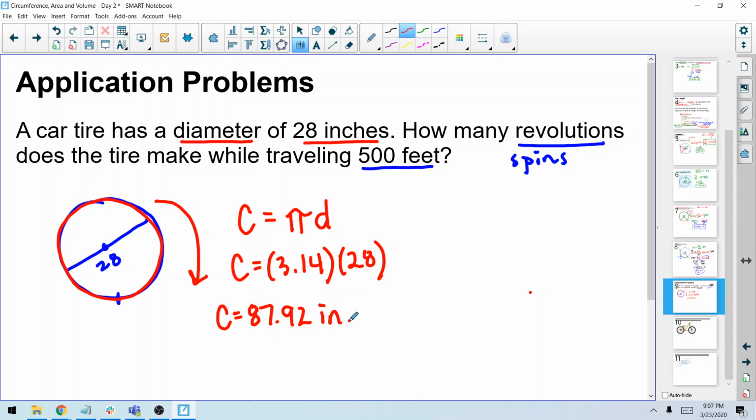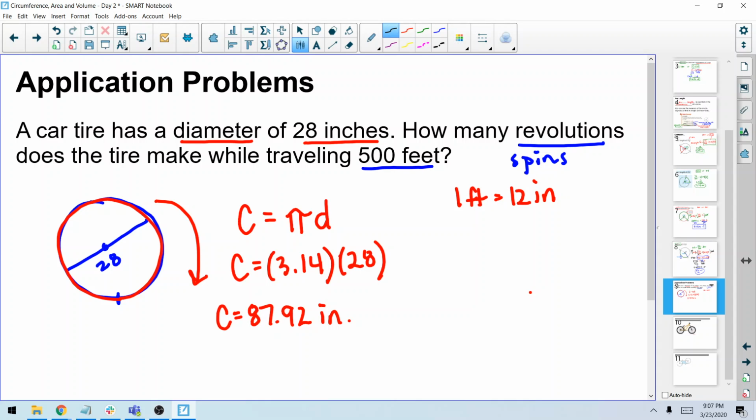inches. Now, we know that it traveled a total of 500 feet. The first problem I'm having is that my circumference is in inches, and that is in feet. So you can convert either way. It's completely up to you. But I know that 1 foot equals 12 inches.